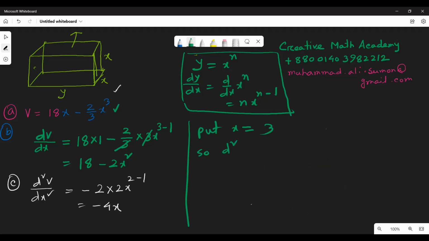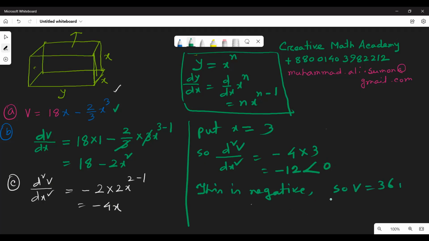So d square V by dx square equals minus 4 into 3. Obviously this is negative, so it's less than 0. So V equals 36 is the maximum value of V. Okay, so I think everybody understands this.